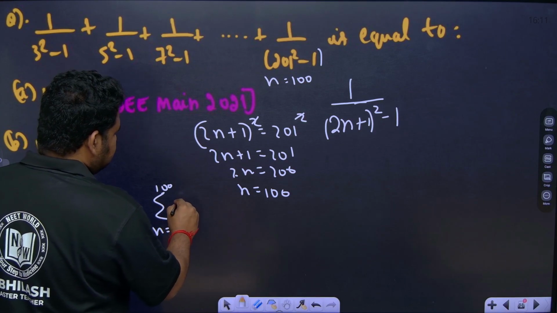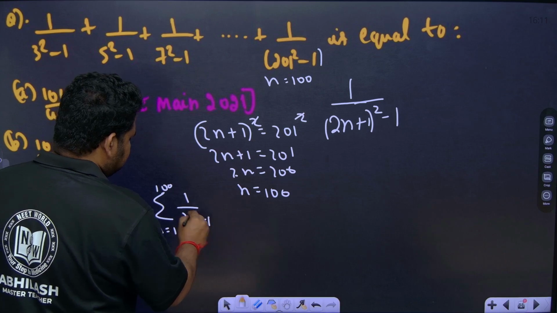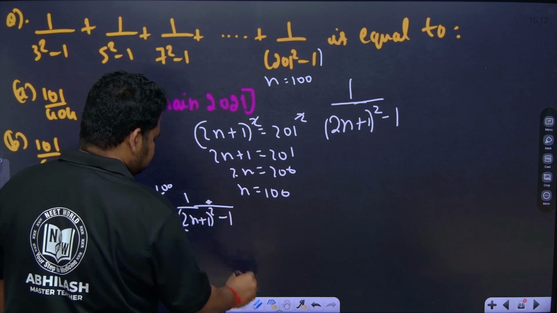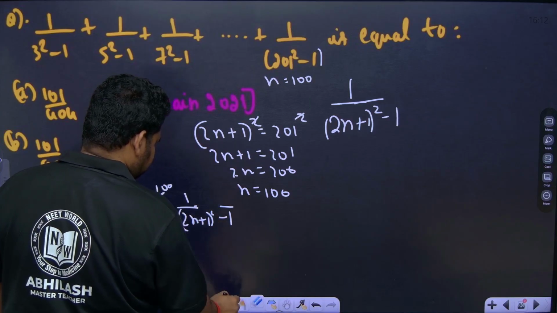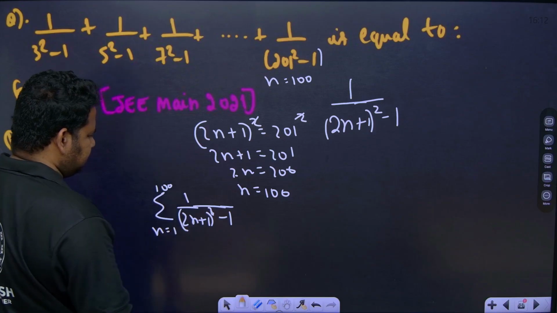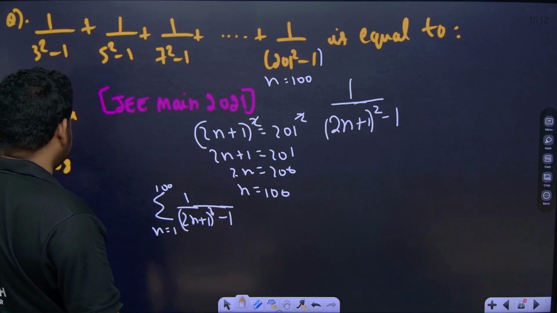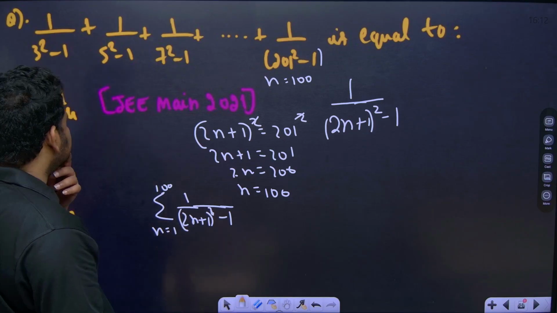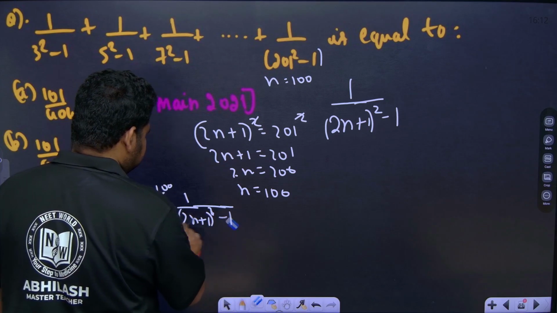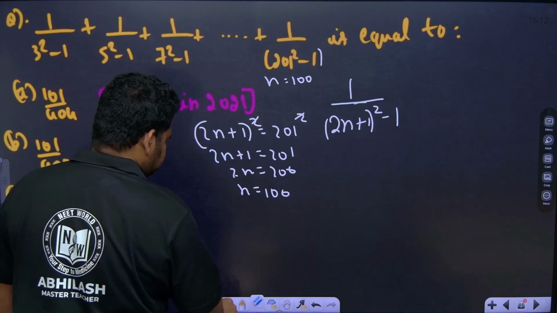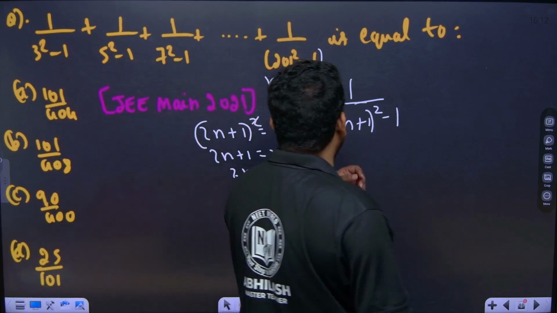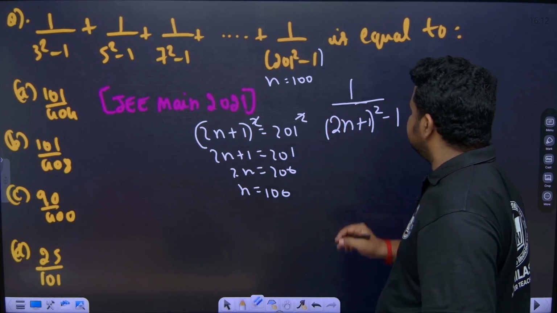This is nothing but 1 by 2n plus 1 whole square minus 1. So if I apply this here, 2n plus 1 whole square minus 1, this 1 can be written as what?